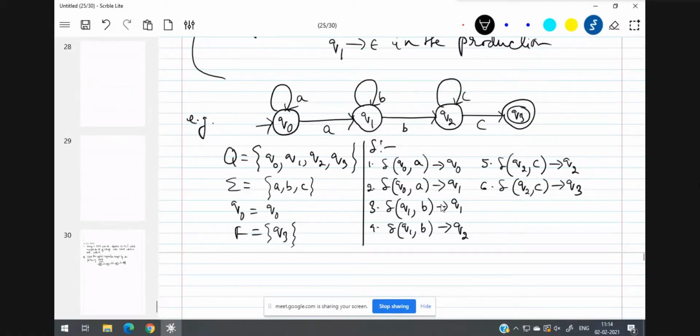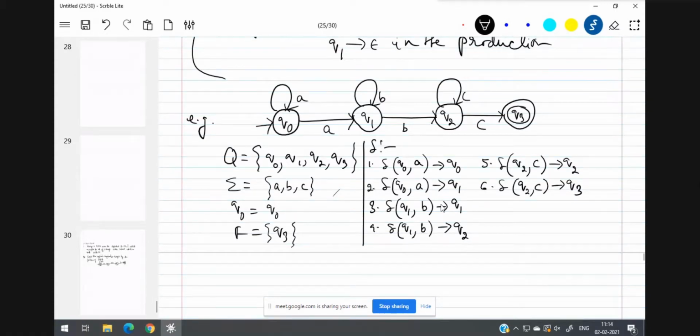Q is the set of states, so Q naught, Q1, Q2, Q3 are written here. Q naught is the initial state. F is equal to only Q3, so Q3 is written here. The transition functions I have retrieved from this particular machine, I have listed here.